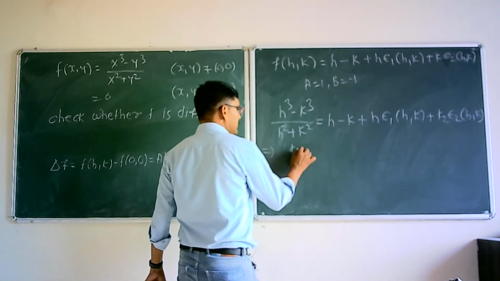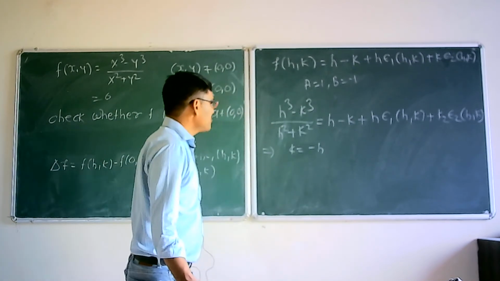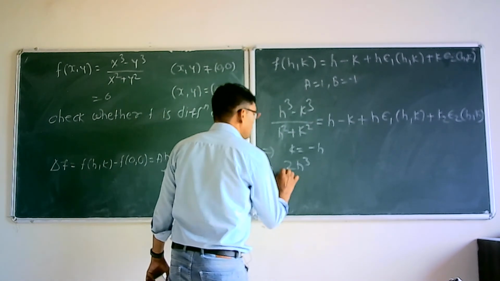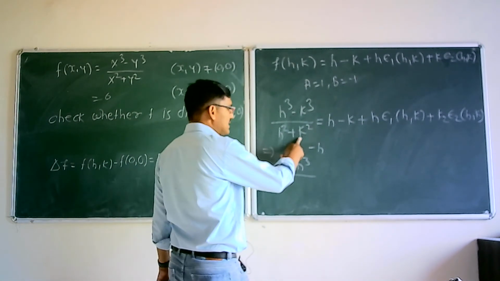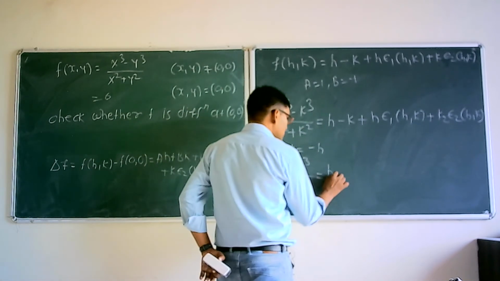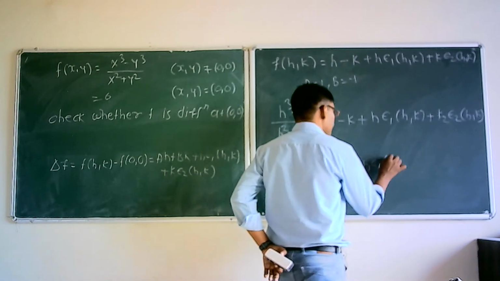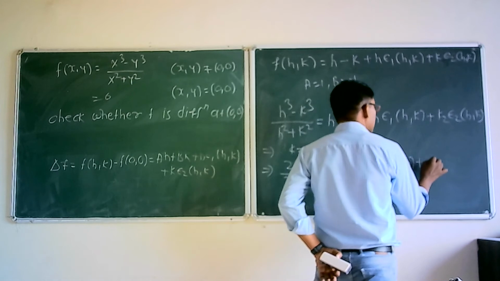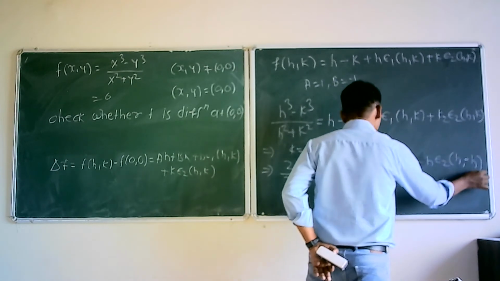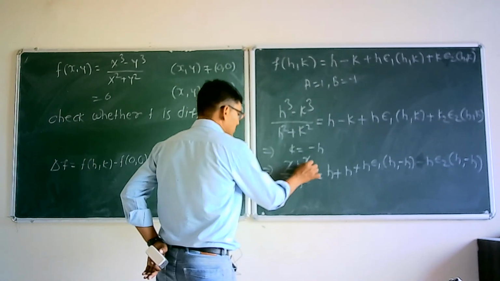So if you put k is equal to minus h here, then minus h cube, minus minus becomes plus, is twice h cube divided by h square plus h square, which is twice h square, equal to h plus h, plus h epsilon 1(h,minus h) plus minus h epsilon 2(h,minus h). So this 2 will get cancelled here, and one h square gets cancelled here.